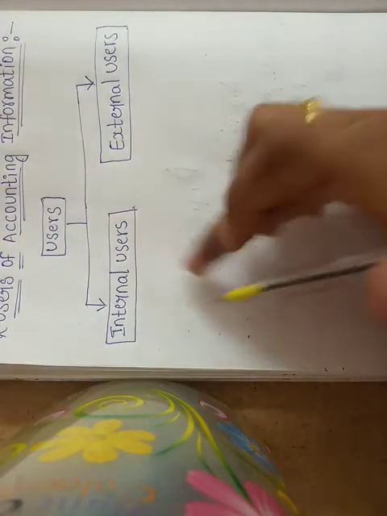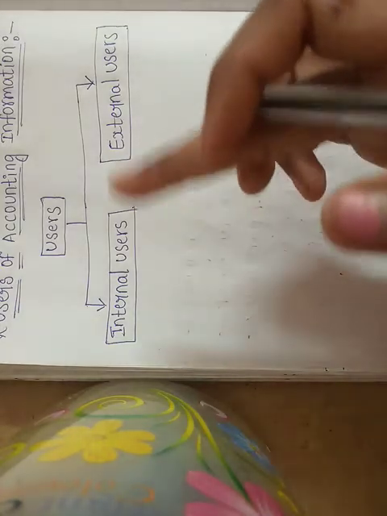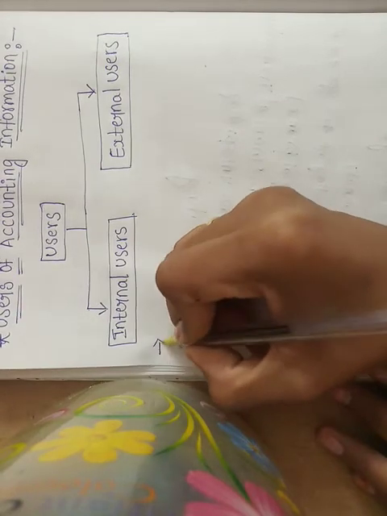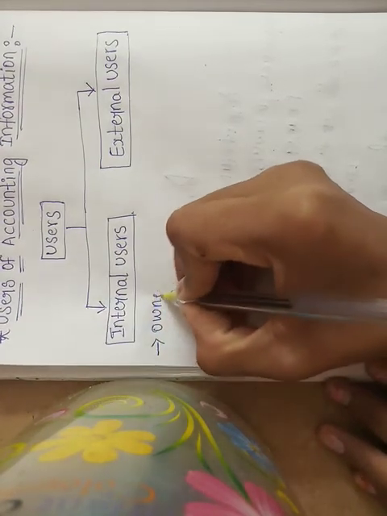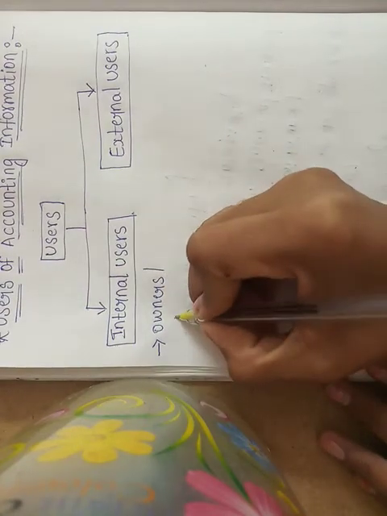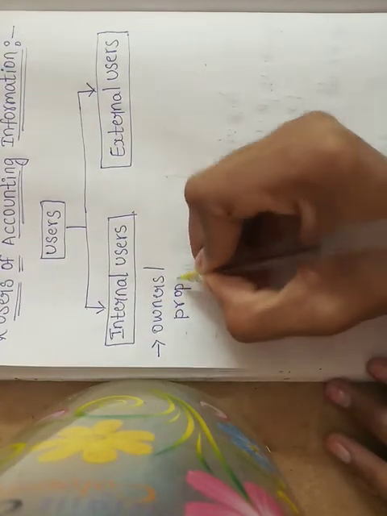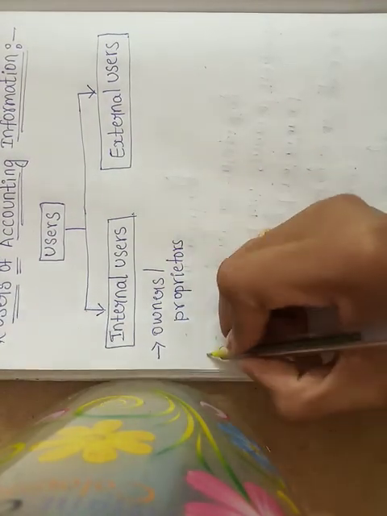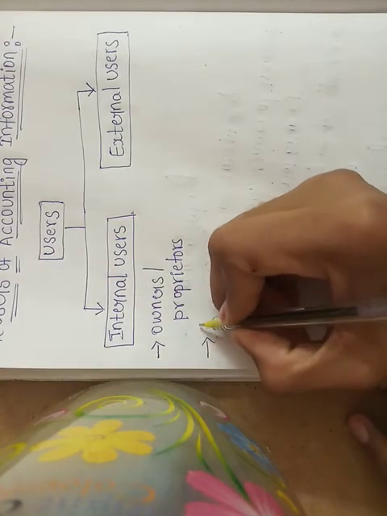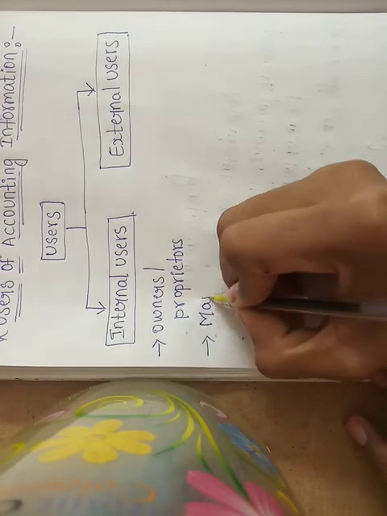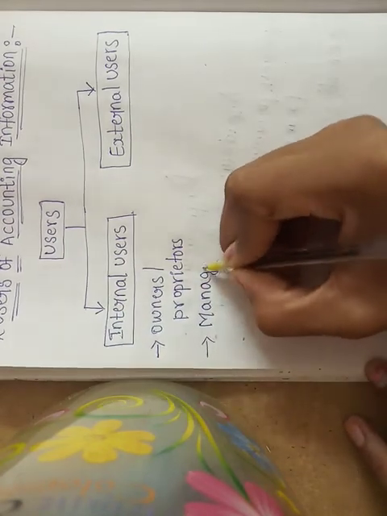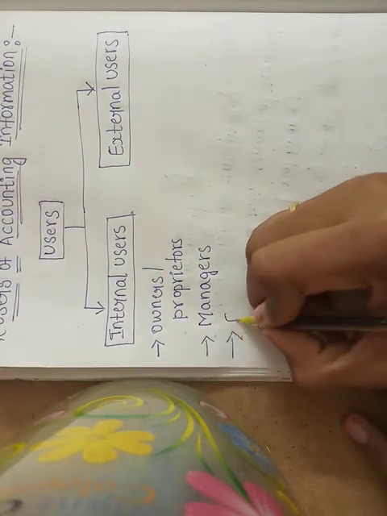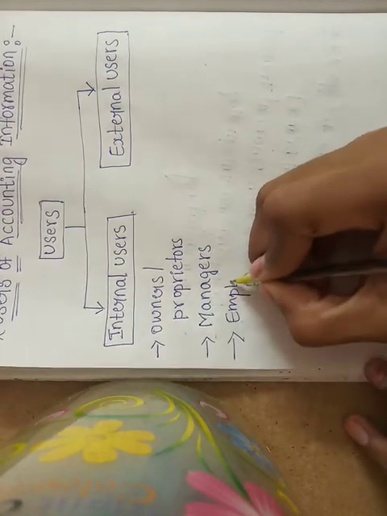So who are the users, meaning persons? Who are the persons in the internal category? Here they are owners and proprietors, next managers, and the next employees.